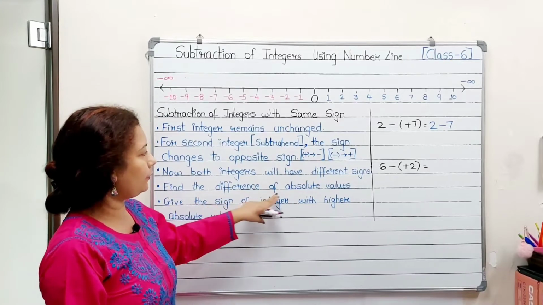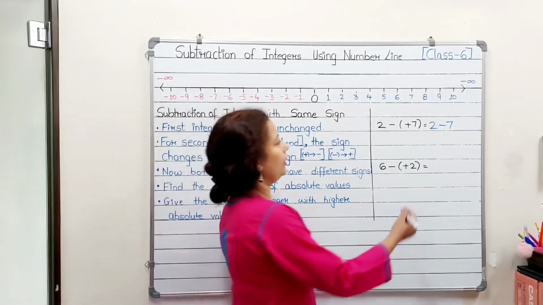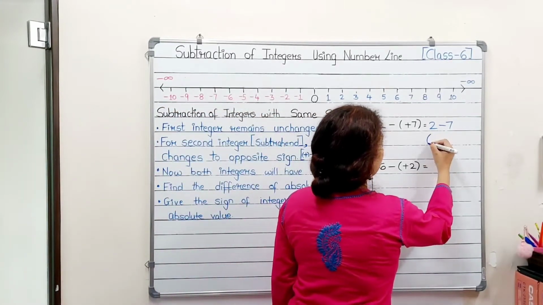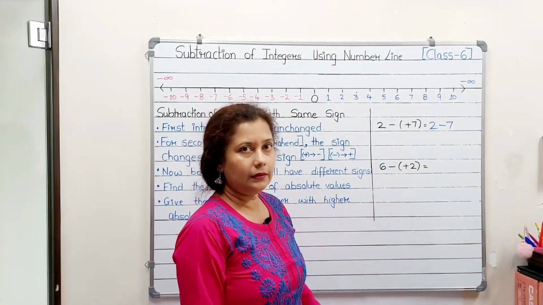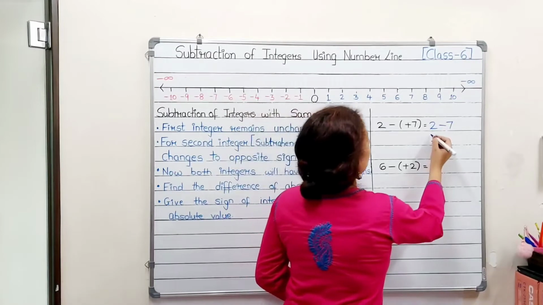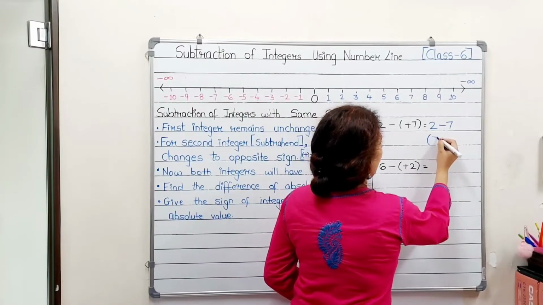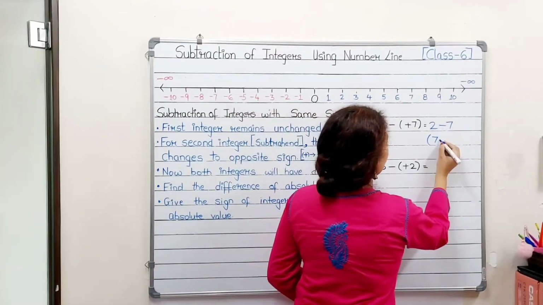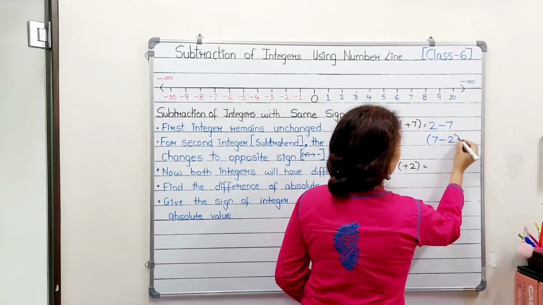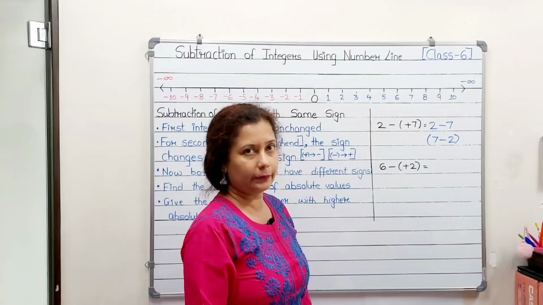Find the difference of the absolute values. Now, for finding the difference, we have to subtract the absolute values. Here, first we will write 7, which is having a higher absolute value, and we will subtract 2 from it, which is having a lower absolute value.